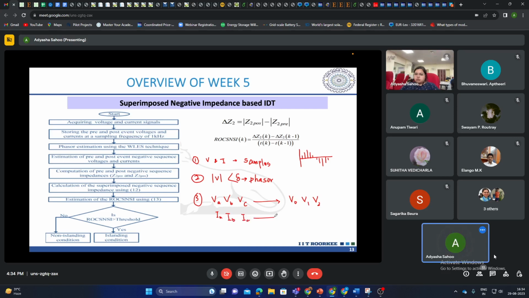Using the transformation matrix, we will get the sequence components, and then these ratios will give us the sequence impedance. So once we have this, basically Z2, this is the sequence impedance. Z2 implies it is negative sequence, right?